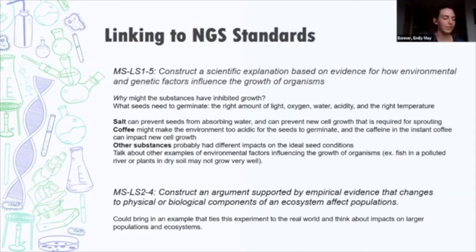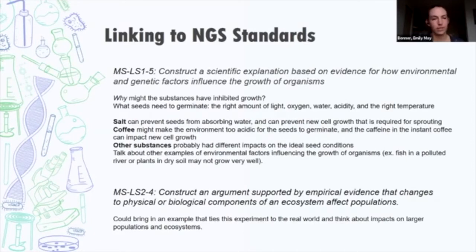And so this is all a little new to me. So it was really helpful to have Jay, but these are some examples of performance expectations that link up with the experiment for middle school. So one could be constructing a scientific explanation based on evidence for how environmental and genetic factors influence the growth of organisms.